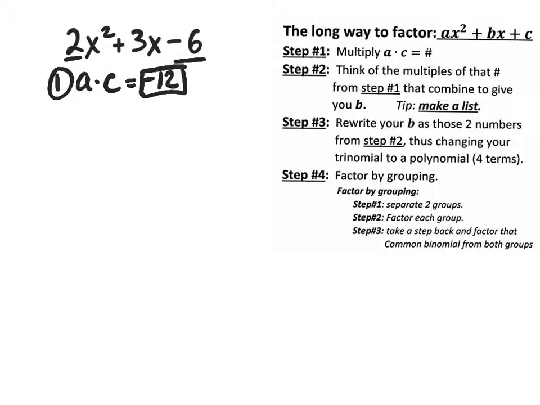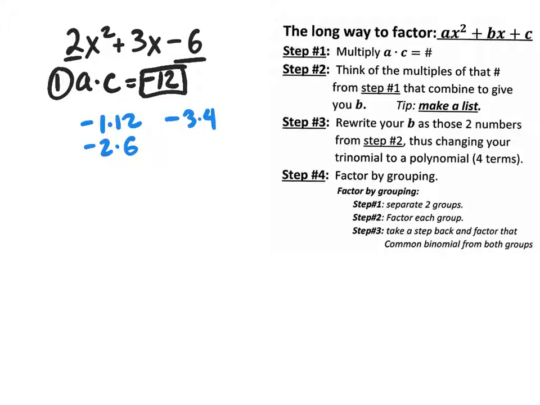Step 2, think of the multiples of that number that combine together to give you b. So let me make a list. Negative 1 times 12, negative 2 times 6, negative 3 times 4, and that's about it. Those are the only 3 possibilities besides changing signs that multiply together to give you negative 12.